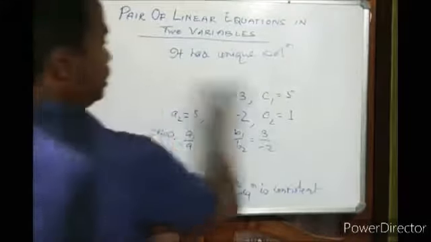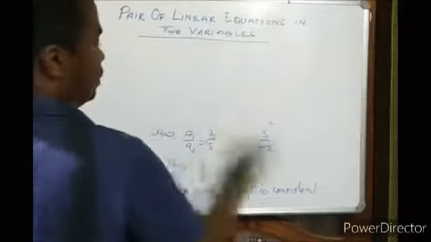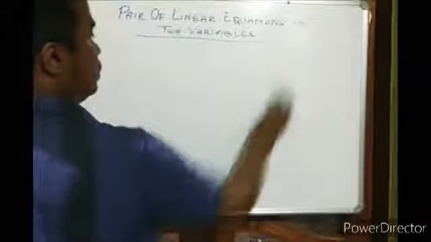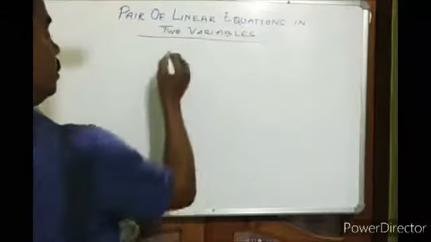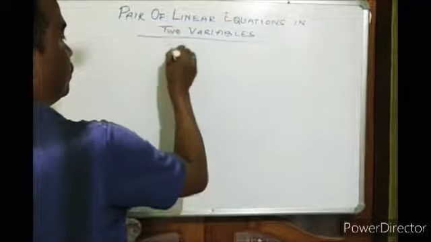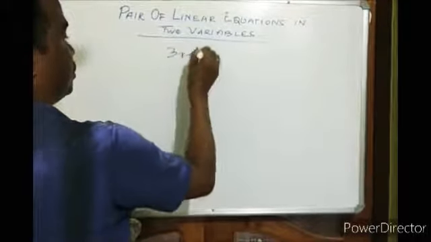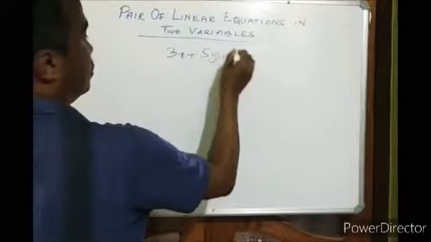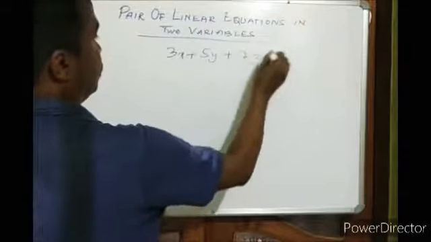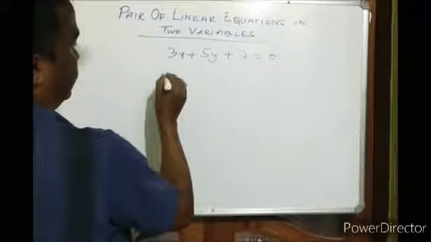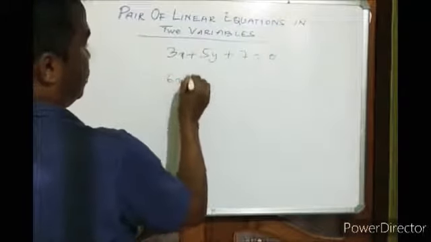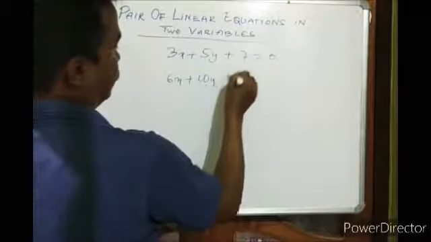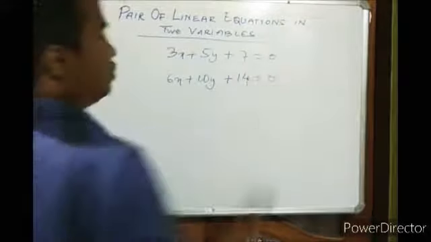Again, let us consider another pair of linear equations, say 3x plus 5y plus 7 equal to 0 and 6x plus 10y plus 14 is equal to 0.